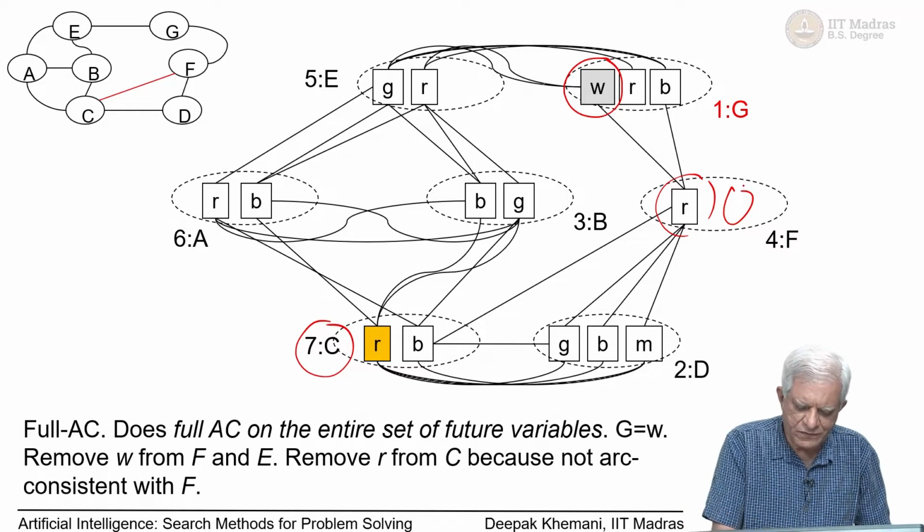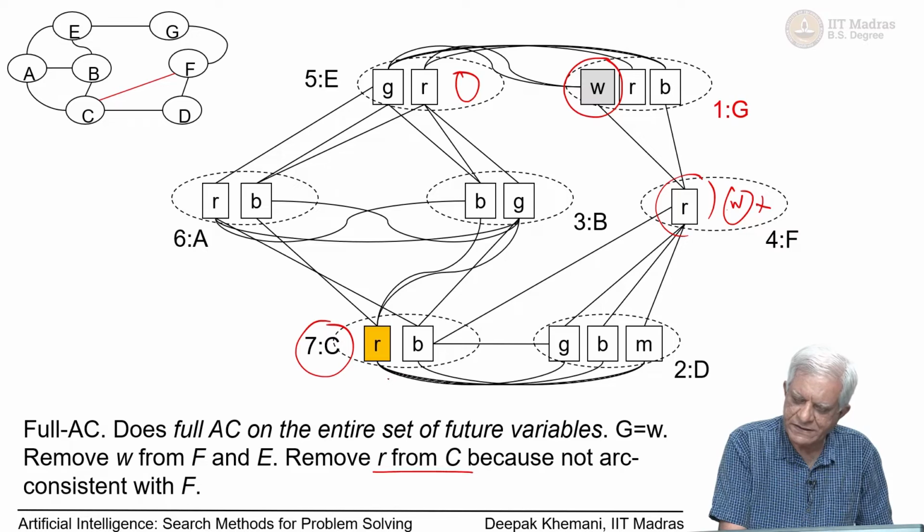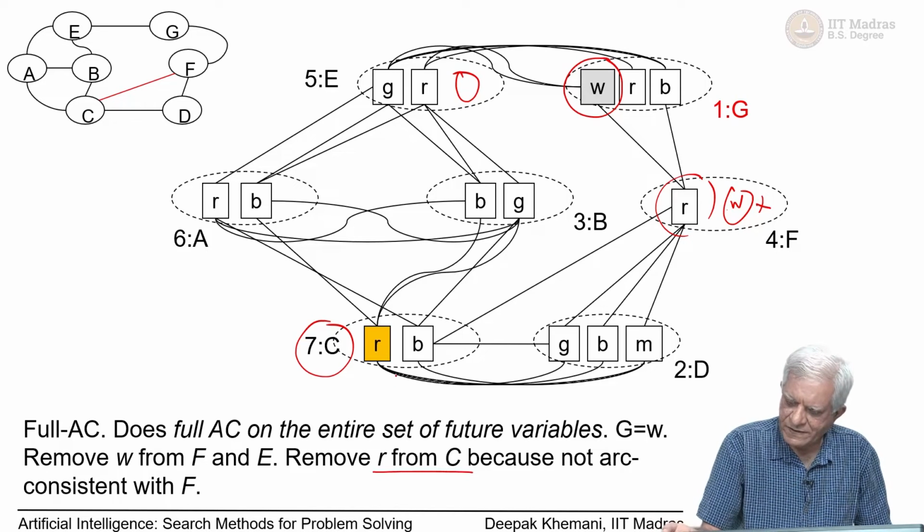So, remove w from f and e as we had said here, remove r from c from here because it is not consistent with f. After you have removed this w from here, then we find that c, which has an r, is not consistent with f, because if you choose a value of r for c, you will not get a value for f. So, we are doing full R consistency. So, we are going to be looking at consistency in both directions for all future variables.